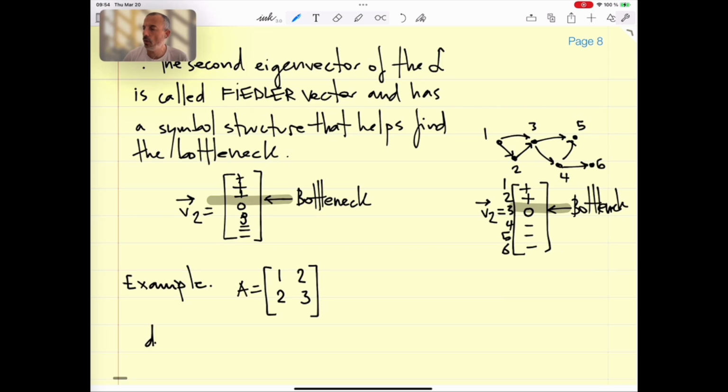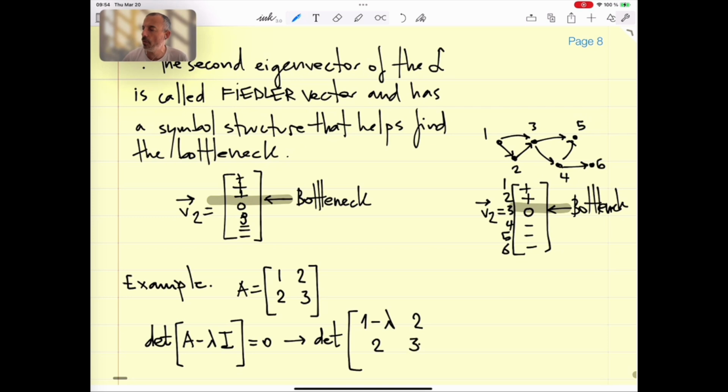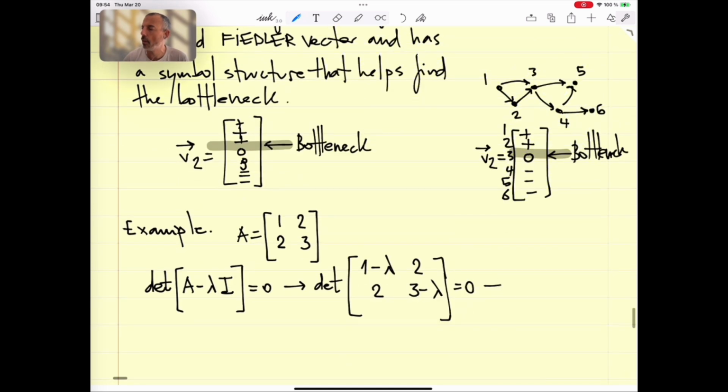Then you have the determinant of A minus lambda E needs to be 0. So the determinant of 1 minus lambda, 2, 2, 3 minus lambda needs to be 0. This means that 1 minus lambda multiplied by 3 minus lambda minus 4 needs to be 0.